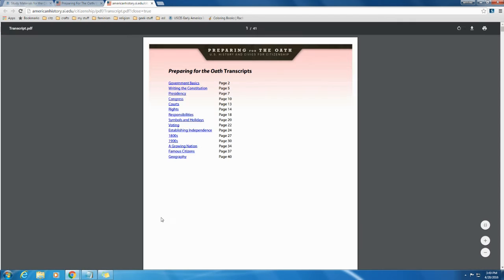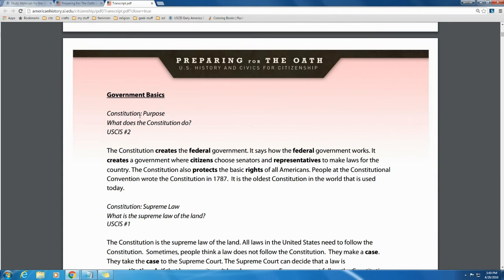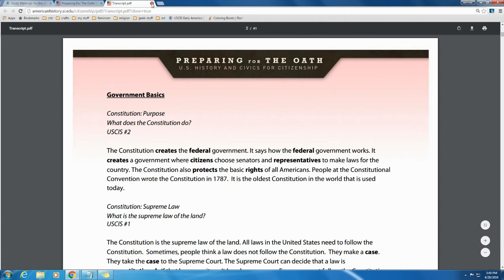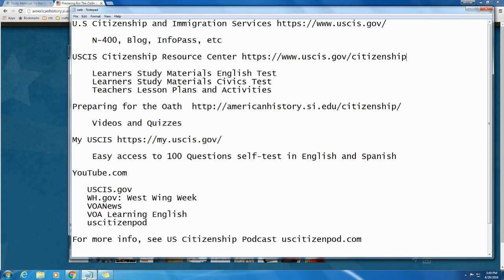These transcripts are particularly helpful because you can copy these and paste these into another document and perhaps make cloze exercises. So again, a very, very important resource: Preparing for the Oath at americanhistory.si.edu/citizenship. Let's continue.